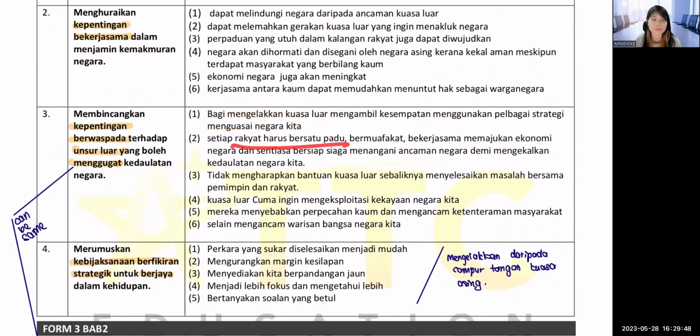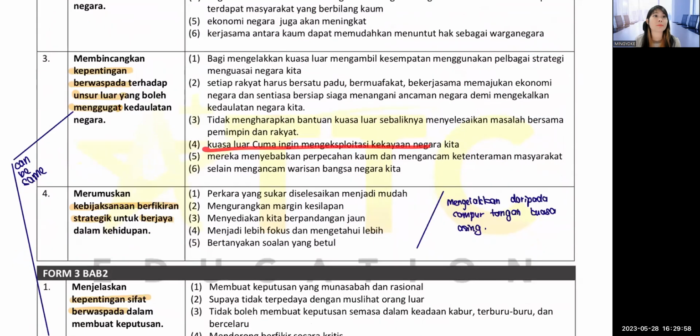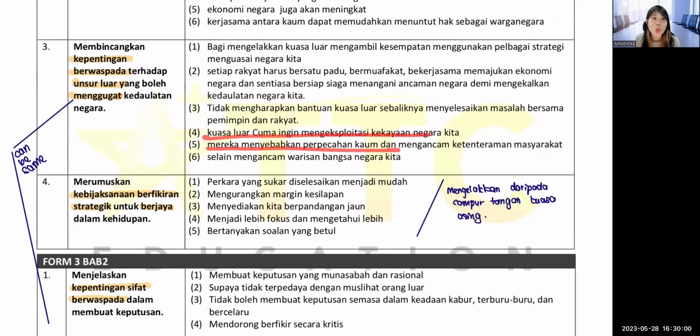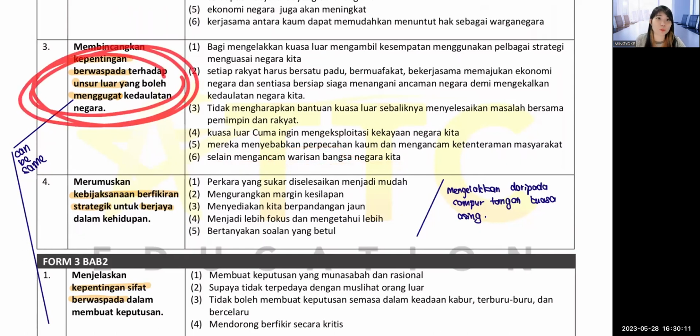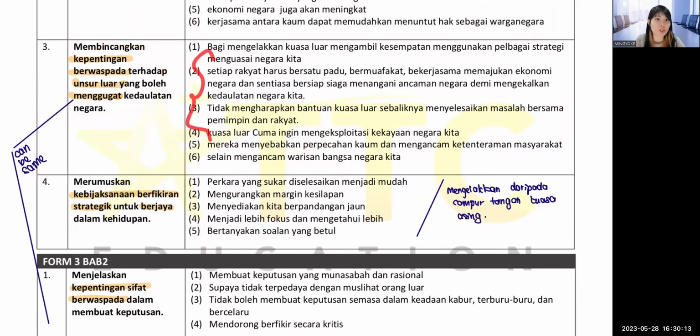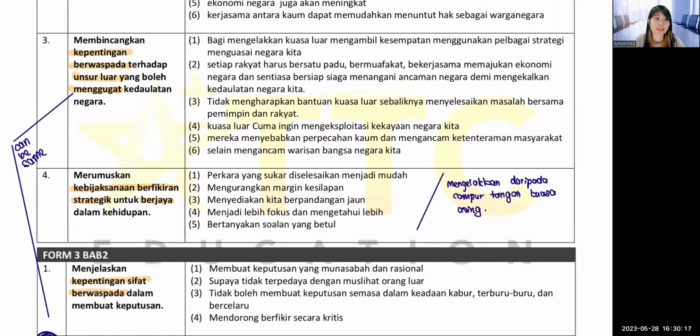We should unite. We should not expect other people's help. Other than that, other countries only plan to exploit our riches. They cause our people to divide. And last, they threaten our legacy, our tradition. So the importance of being careful, because they may cause all these problems when they conquer us.